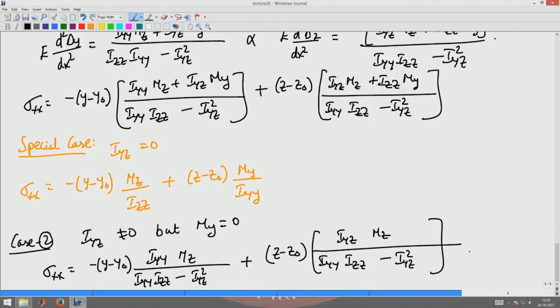So, now this is where you have only one moment, Mz, but the stress varies both along y and z direction.